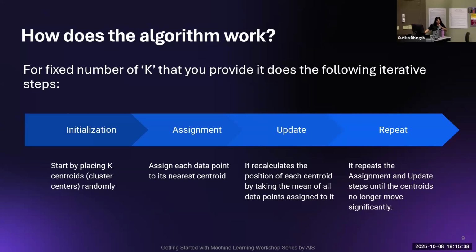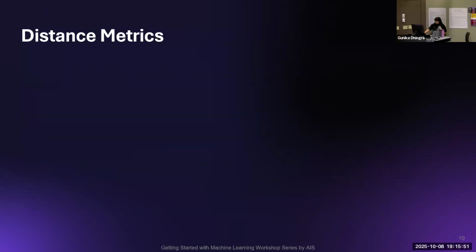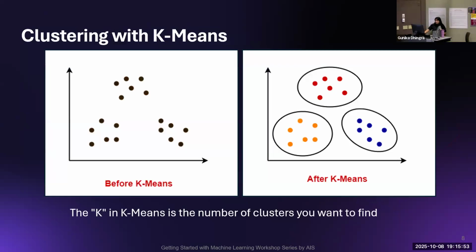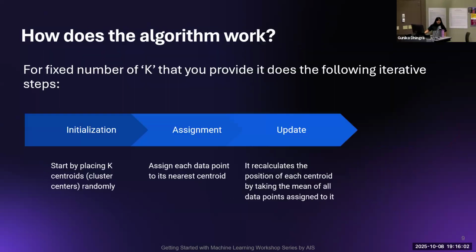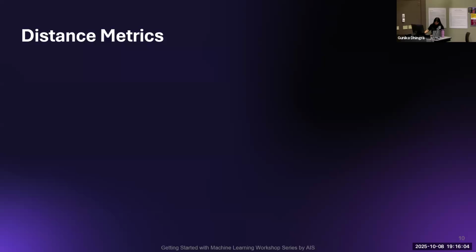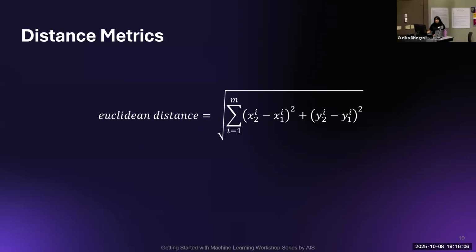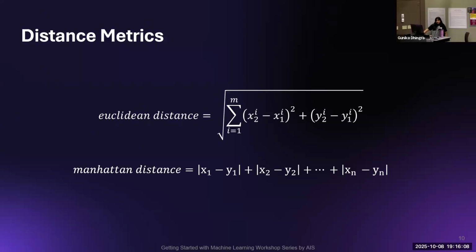Now, there are 3 different aspects that we are seeing here: we want to assign the nearest centroid to each data point, and we want to recalculate. How does that happen? You see here how we have different clusters, right? We assign each data point to a centroid through distinct distance metrics. Two very common distance metrics are Euclidean distance and Manhattan distance.